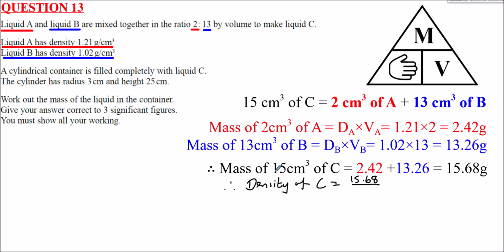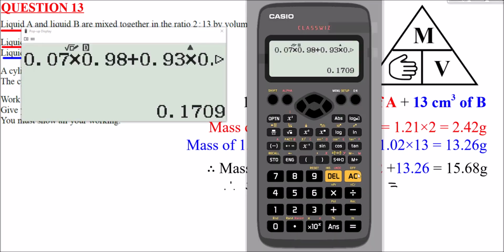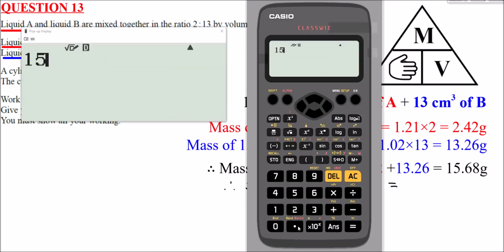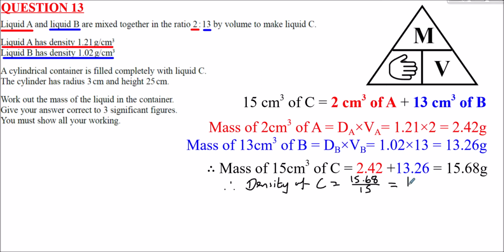Well, we worked out the volume we'd make here was 15 cubic centimetres. So 15.68 divided by 15, what does that give us? Let's see. Divide by 15, we're going to get 1.0453 recurring. It is the 3 which is recurring? Yep. It's that many grams per cubic centimetre.